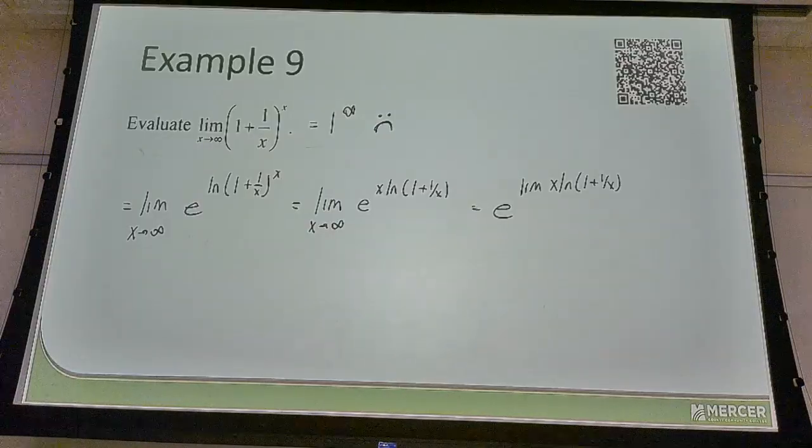So the composite function theorem becomes e to the limit. We just have to examine that limit now.